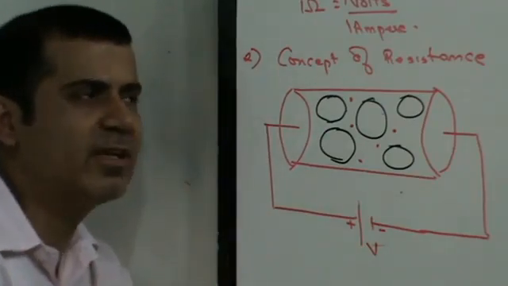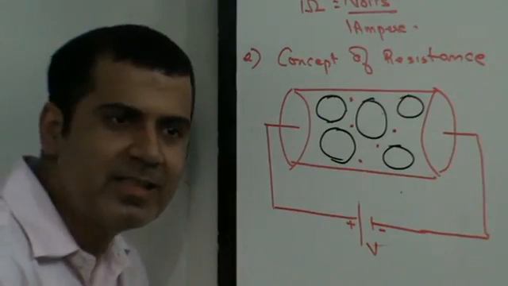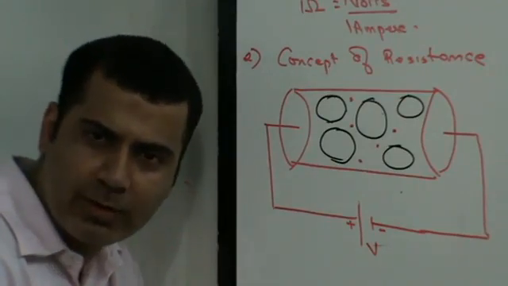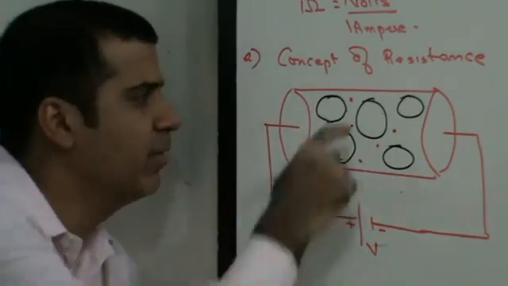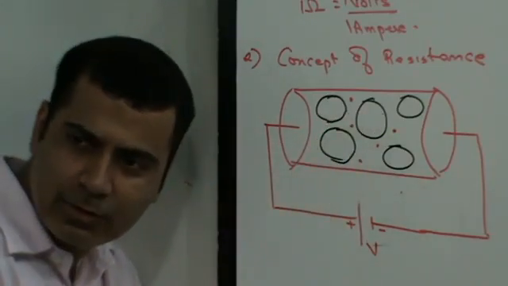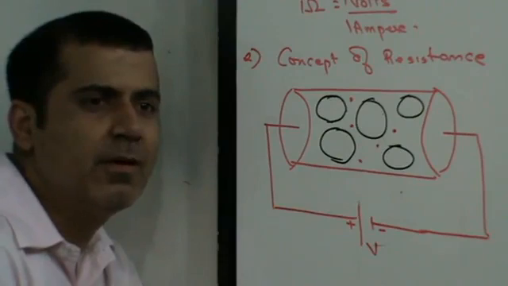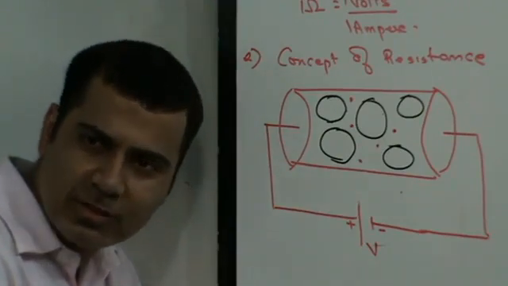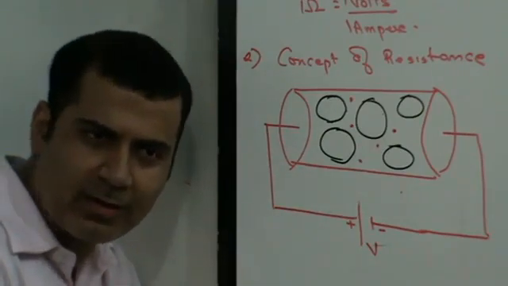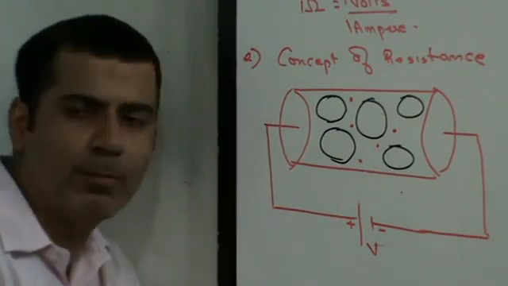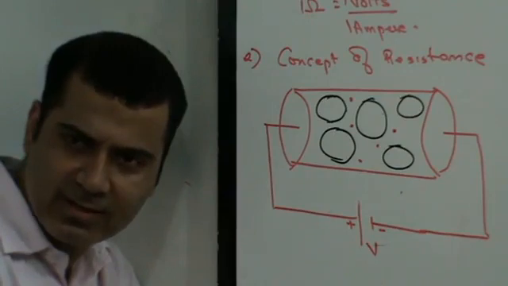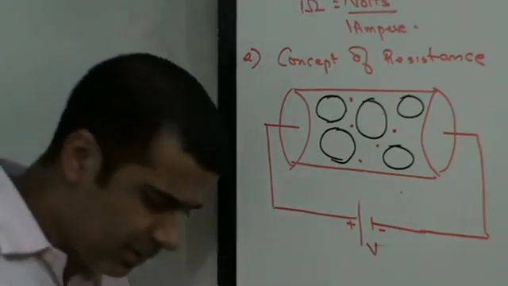That is one of the reasons why the wire gets heated when current flows through it. So as the electrons move, they collide against the atoms. That means free movement of electrons is not possible due to the presence of atoms, and this opposition is called resistance. This is the concept of resistance.